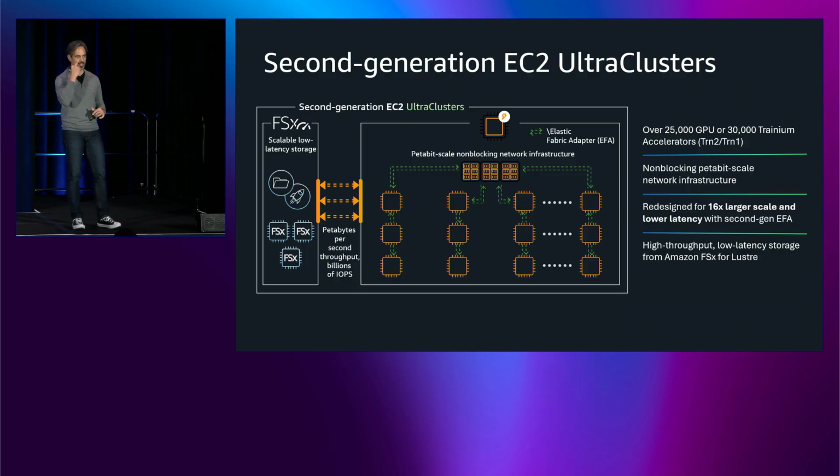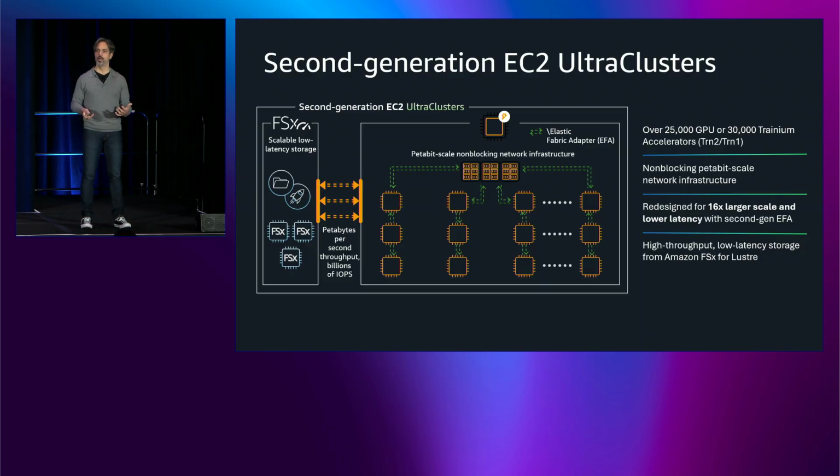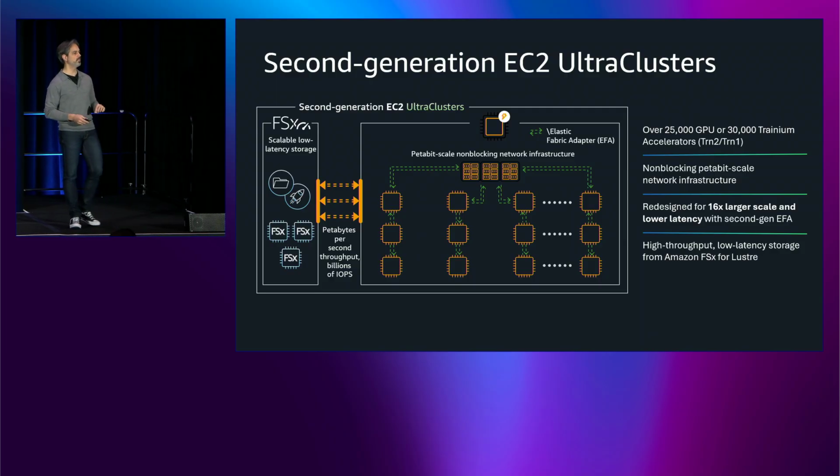That's why AWS developed the Ultra clusters. It is a combination of many different servers interconnected on what we call a single spine, meaning they're interconnected with the lowest latency possible, the highest throughput possible, and the least amount of network devices in a single route.